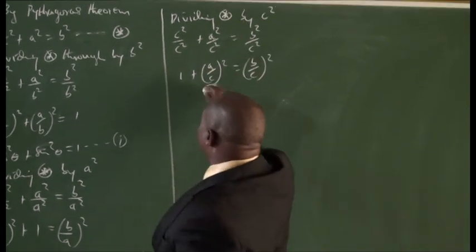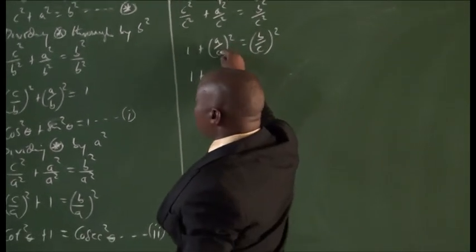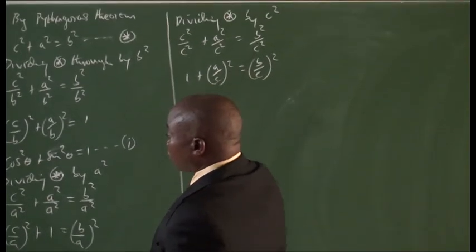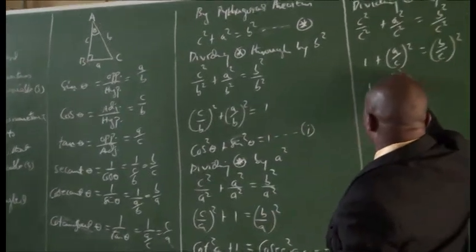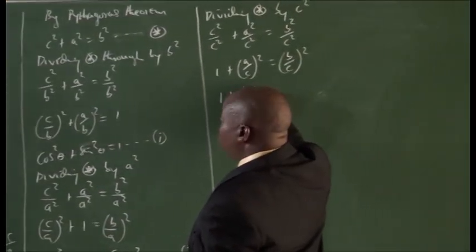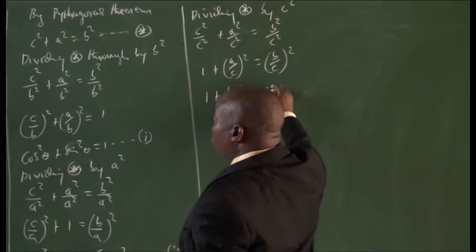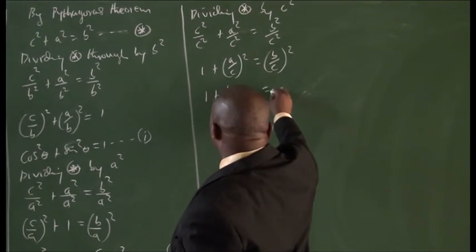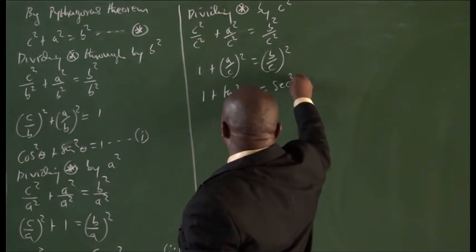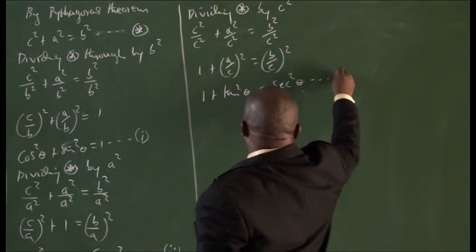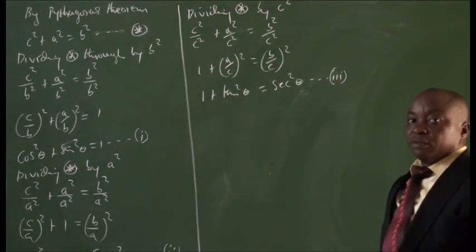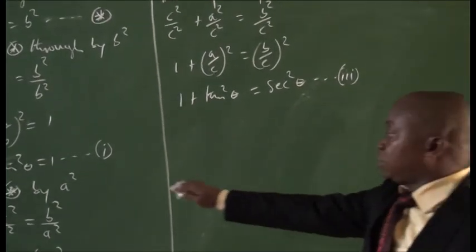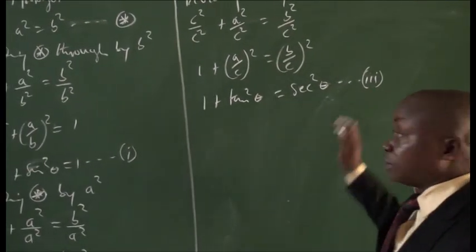Now, what is A over C? A over C, from what we have here, is tan. So we can see 1 plus tan square theta equal B over C squared. And B over C is secant, so sec square theta. This is another identity. So we have derived 3 identities.